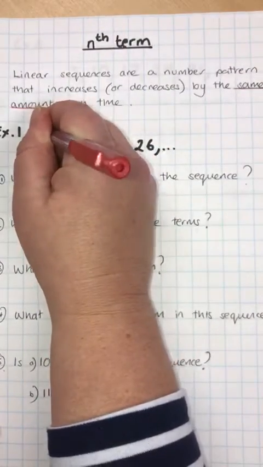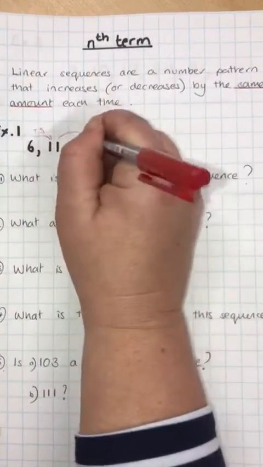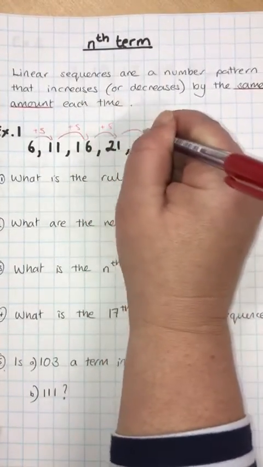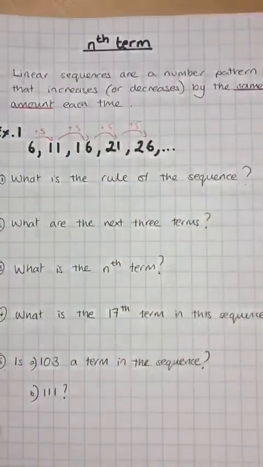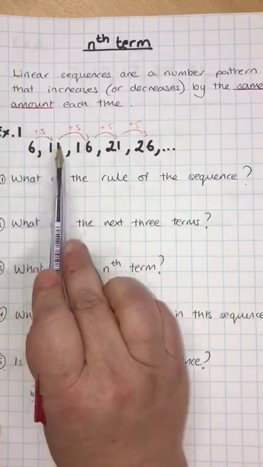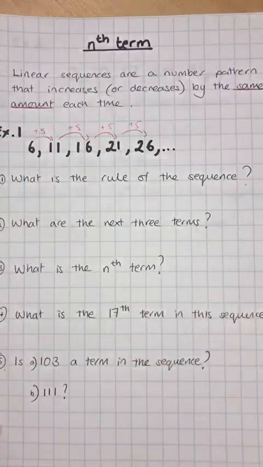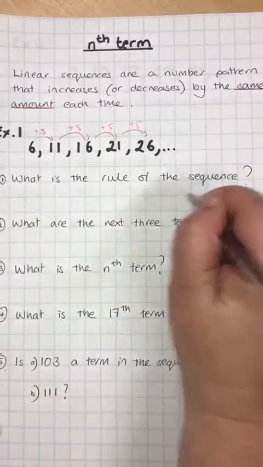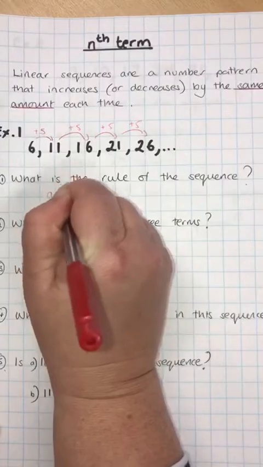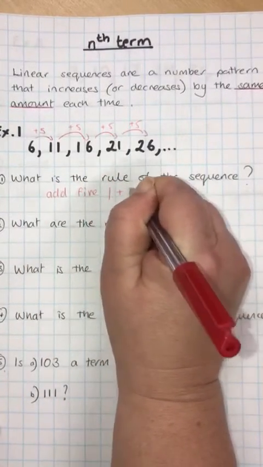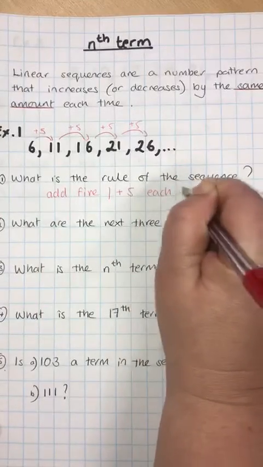Well, each time I like to write across the top of every term in the sequence how I'm getting from step to step. So for the rule of this sequence, we can see clearly that we add 5 each time.